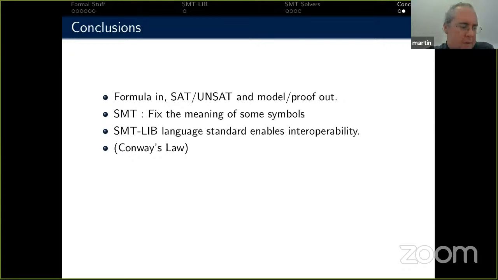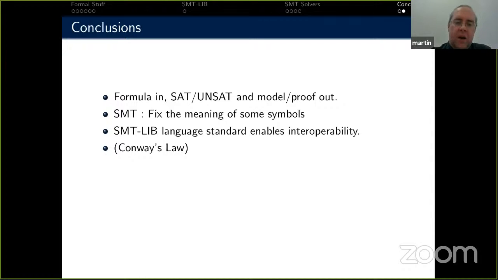Right, so conclusions. At the management level, SMT is formula in, SAT or unsat, potentially a model or a proof out. The really key thing that differentiates us from what Armin's doing is that this is first order, so we have functions, we have variables over things other than just true and false.